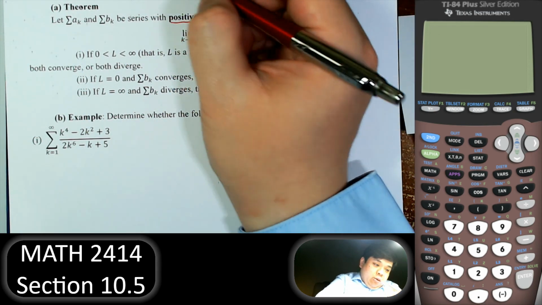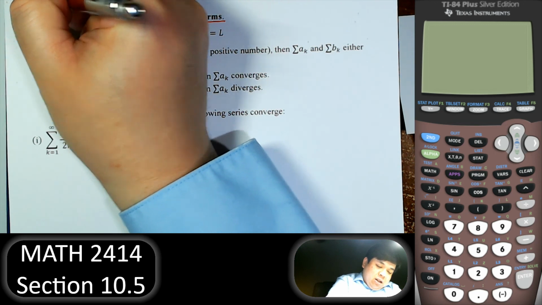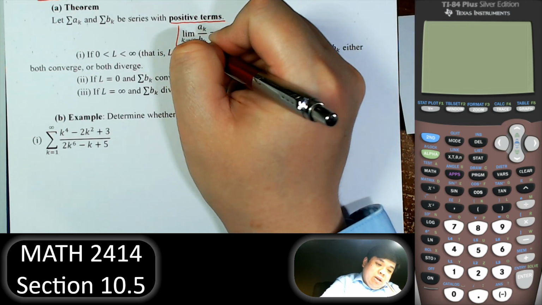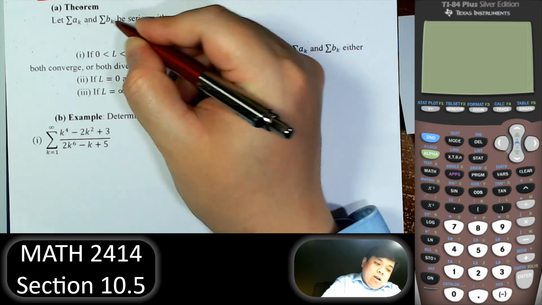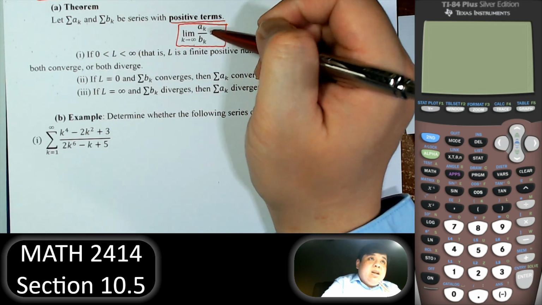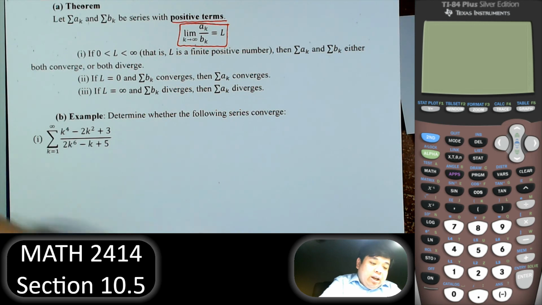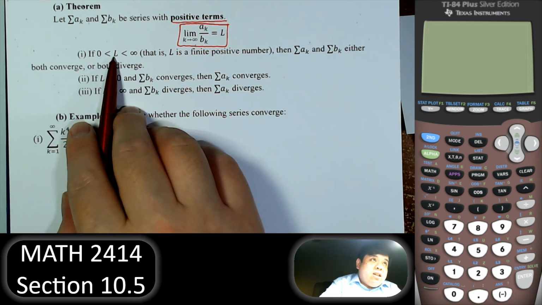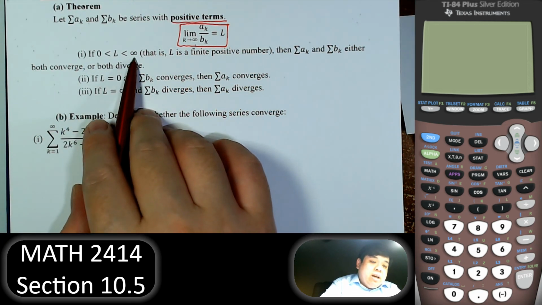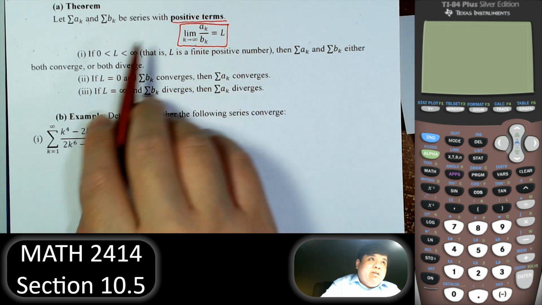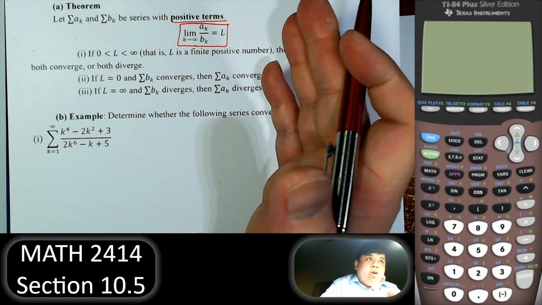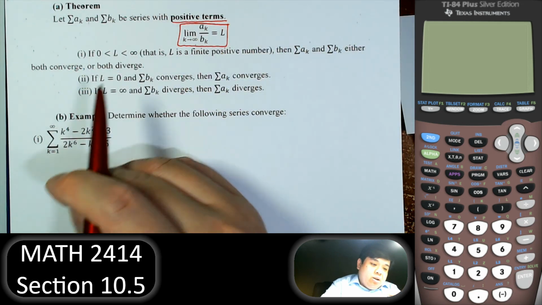But the reason it is called the limit comparison test is because we will take the limit of the two terms in a sequence. Now, whatever the limit L is, if it is a finite positive number, between 0 and infinity, then the behavior will be the same. Both of them will converge, or both of them will diverge.